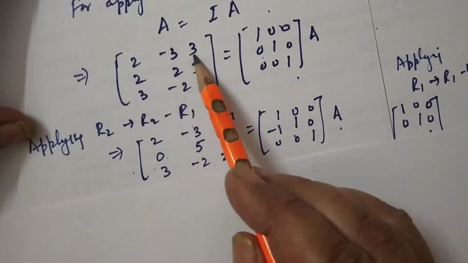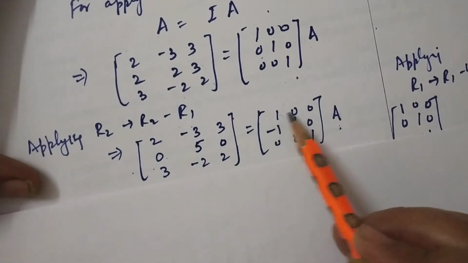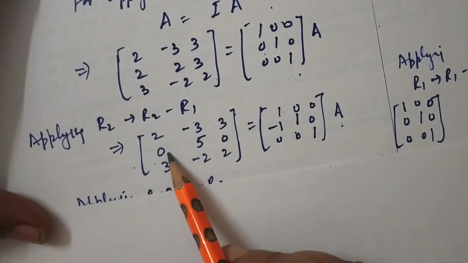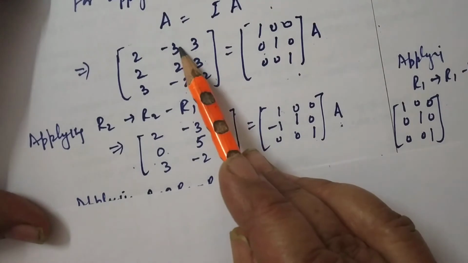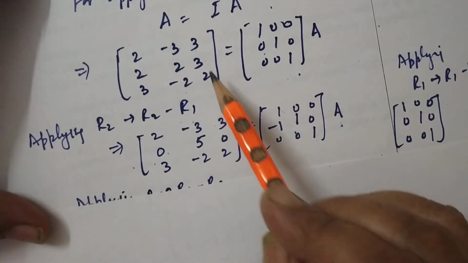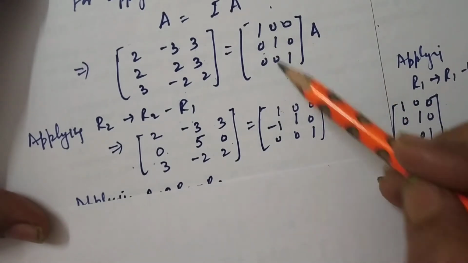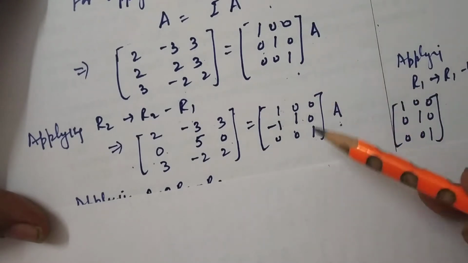There was no change in R1 and R3, so first I noted them as they are. Then I put the changes on the second row. 2 minus 2 is 0, 2 minus minus 3 gives me 5, 3 minus 3 gives me 0. Then 0 minus 1 gives me minus 1, 1 minus 0 is 1, 0 minus 0 is 0.